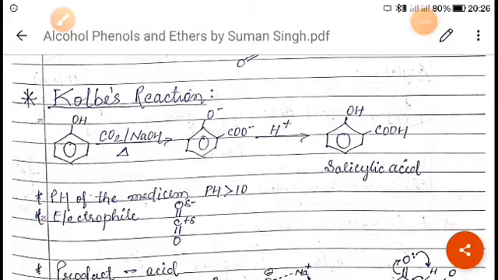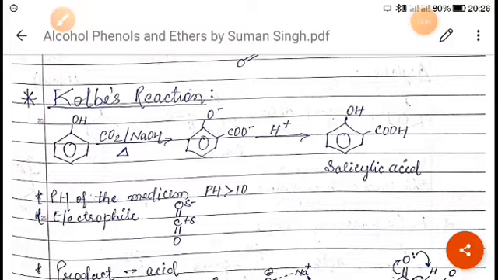On acidification this gives salicylic acid. Always remember that a small amount of para isomer is also obtained, and if the temperature is allowed to rise above 410 Kelvin, the para isomer dominates.